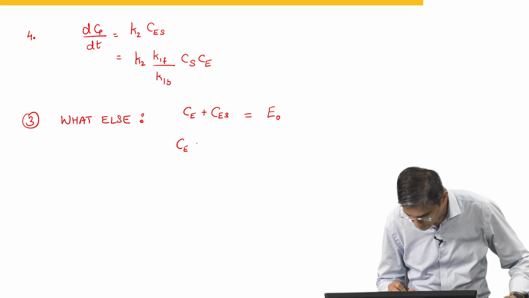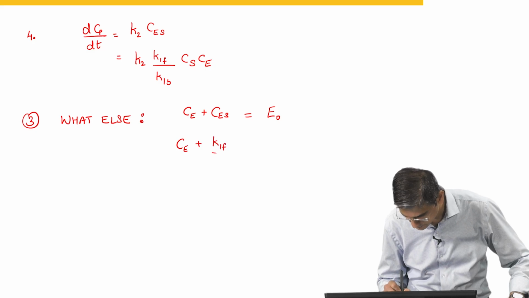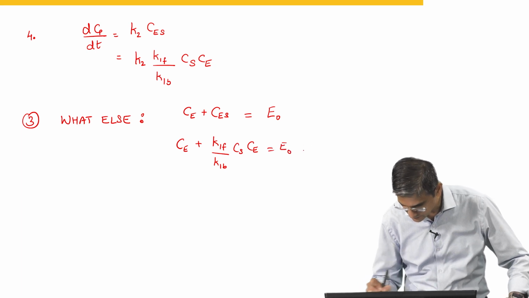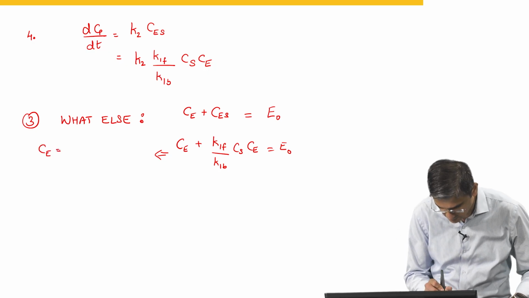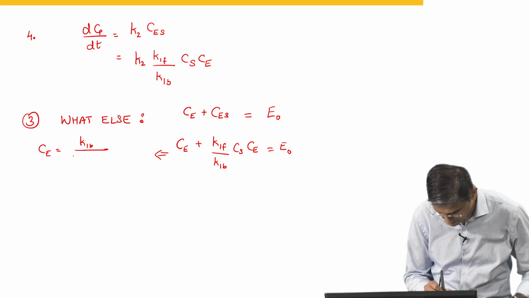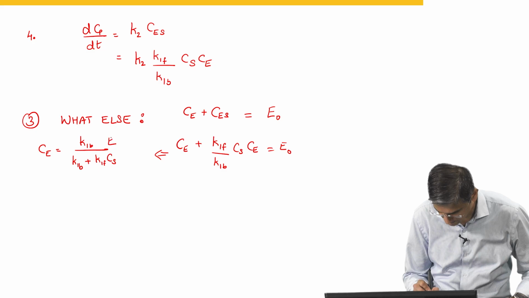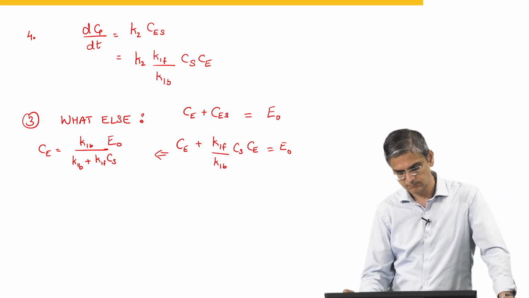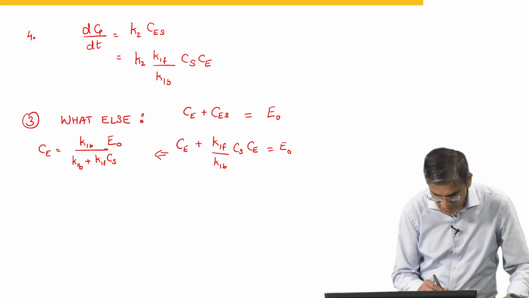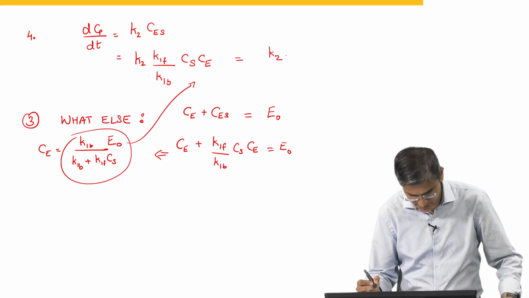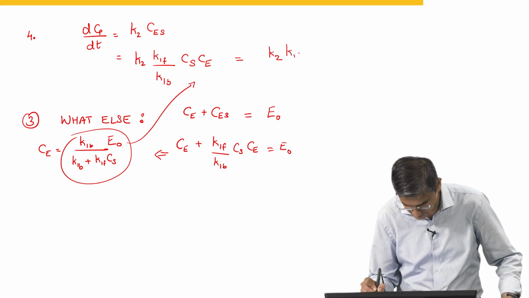So, CE, this will basically give us... If we take this and substitute it over here, we are going to get K2 K1F.